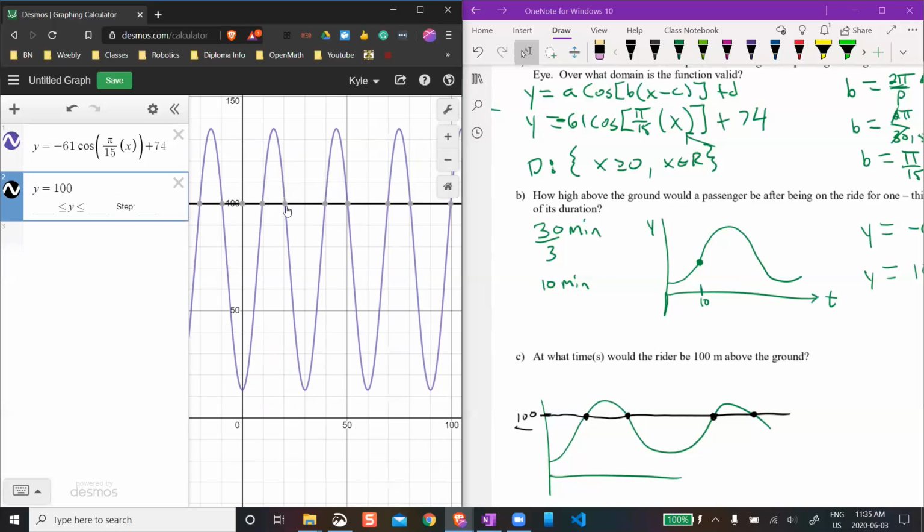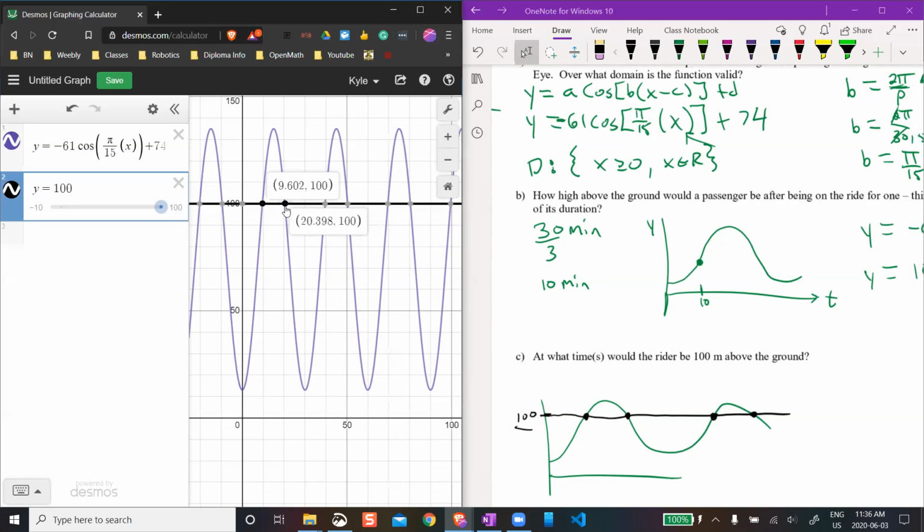Now on your TI calculator, you'd have to find your intersection, so go to menu and intersection. But on here, I'm just going to click on them and I can see them. So it says, at what times would the rider be at that point? That's going to be at 9.6 minutes for this one, and then at 20.4 minutes.